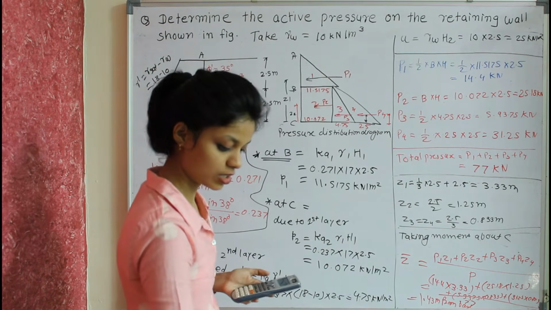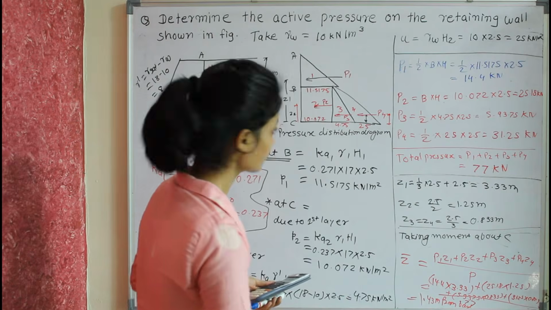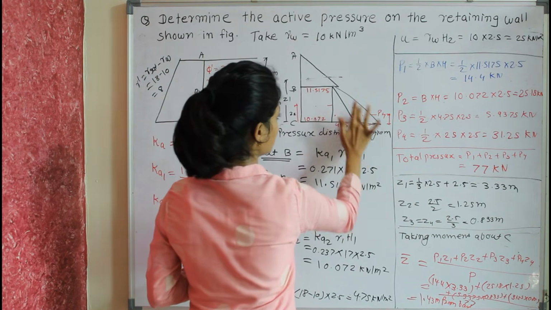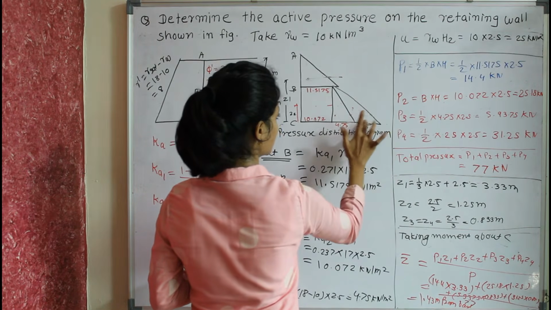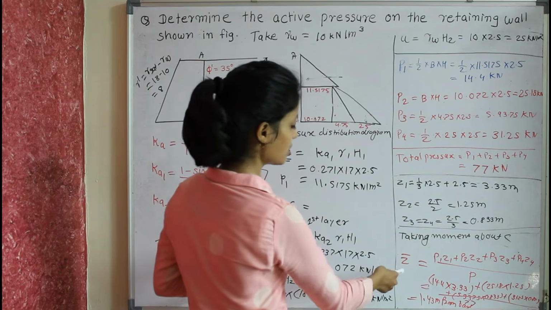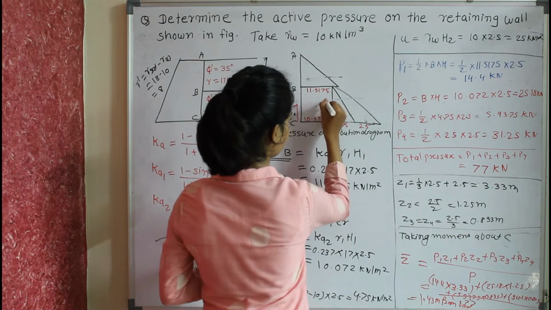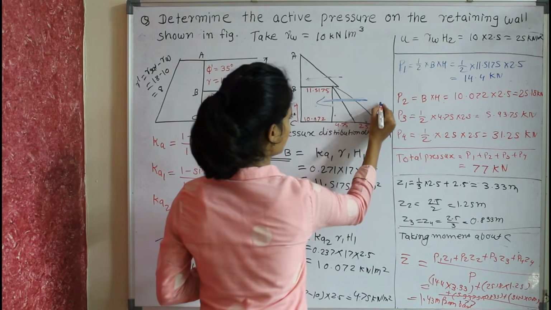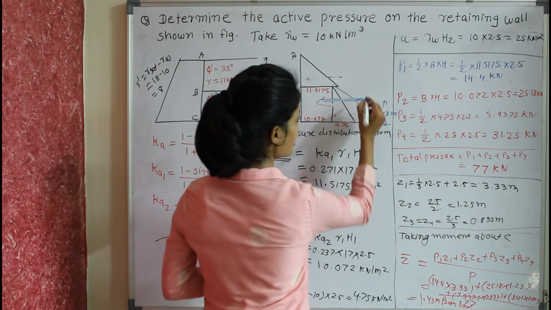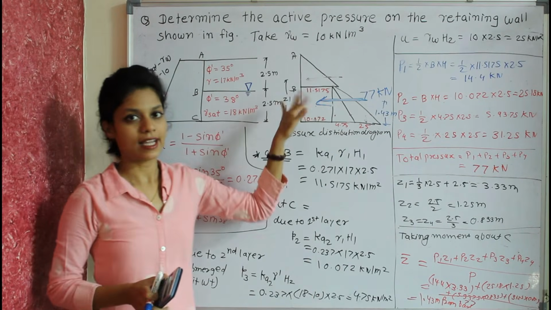Therefore, the total pressure for this section acts at a distance of 1.43 meter from base, and the total pressure is 77 kilonewton for this full combined diagram.